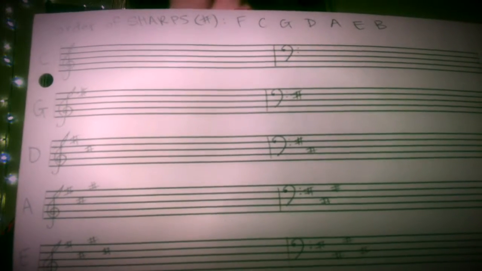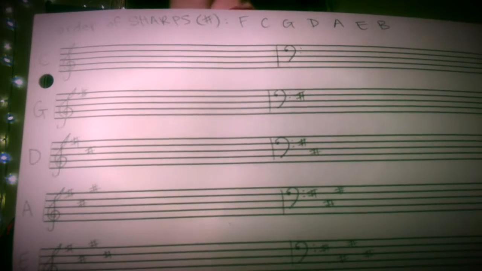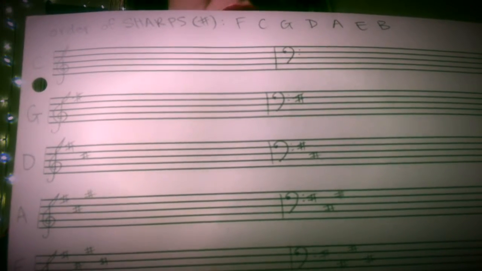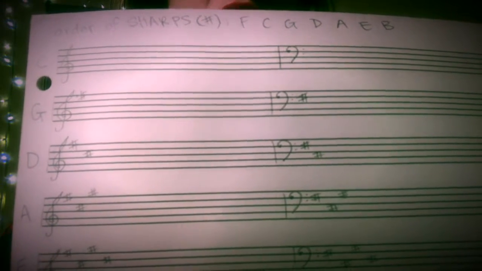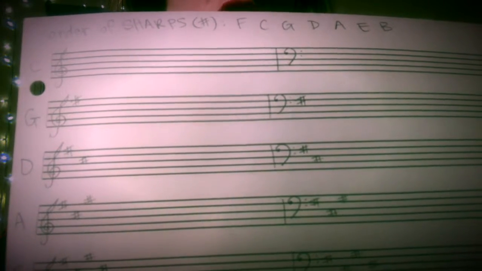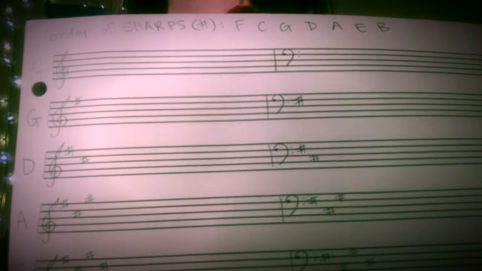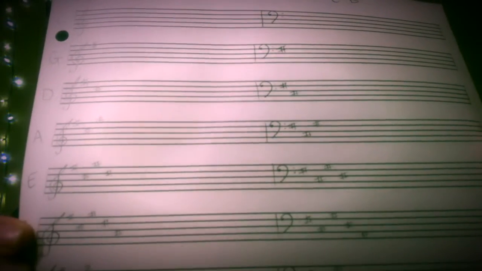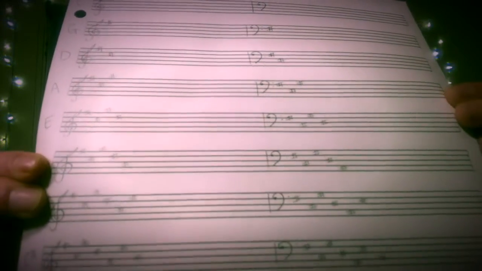If you have 3 sharps in your key signature, those sharps will be F, C, and G because F comes first, C comes second, and G comes third in your order of sharps. This pattern continues through all of your sharp key signatures.